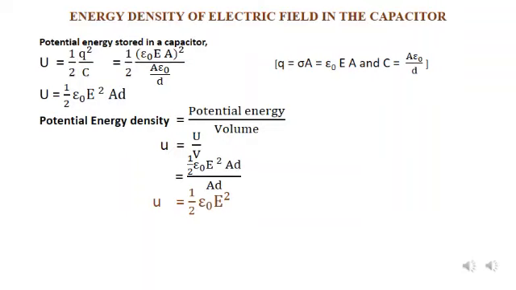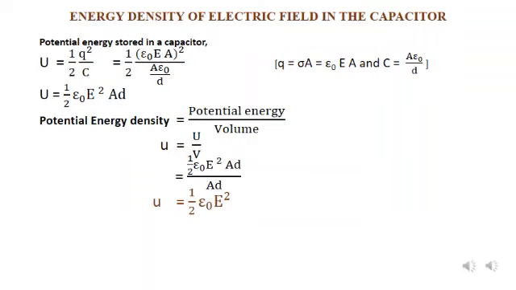After rearranging and cancelling, we get the total potential energy stored in a capacitor, capital U, equals half epsilon 0 E square A d.